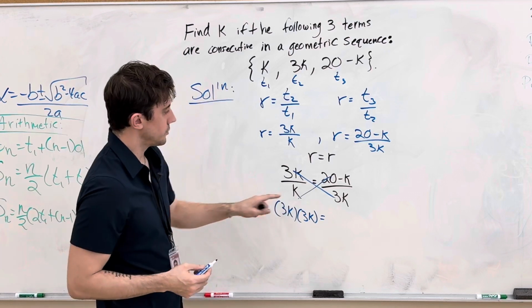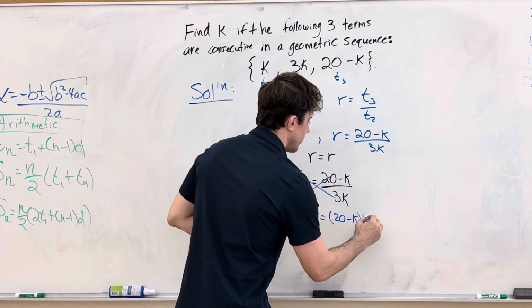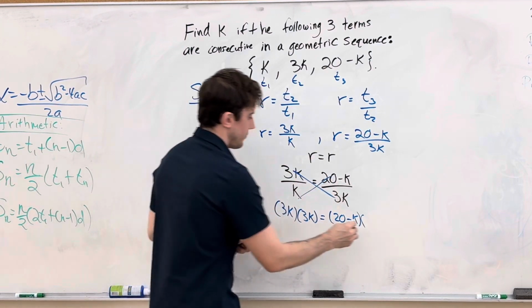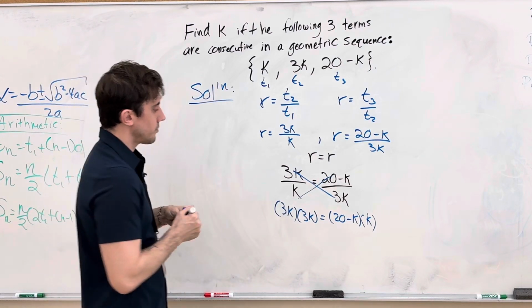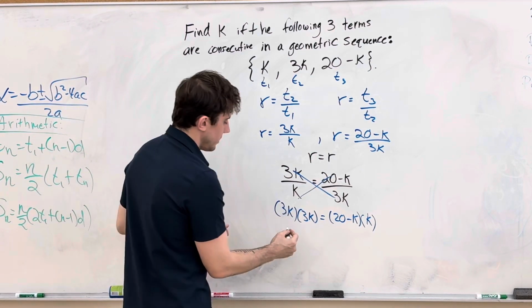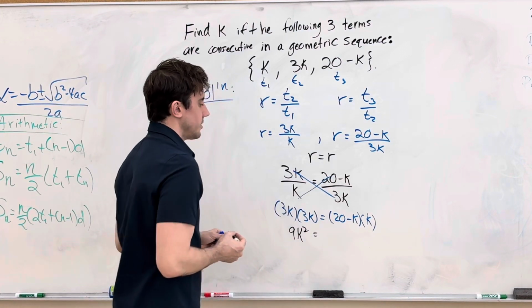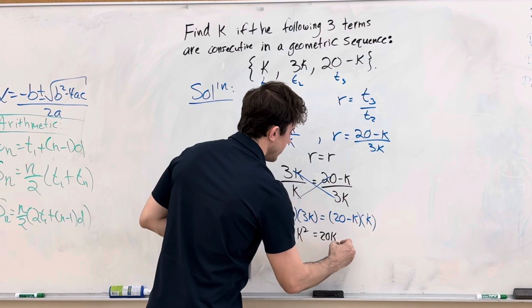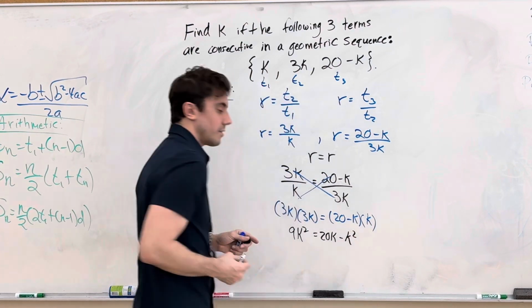And that will be equal to 20 minus k, in brackets, of course, times the expression across from it, cross multiply, times k, okay? And if we go ahead and do that, 3k times 3k on the left-hand side is 9k squared. And on the other side, we're gonna have 20 times k, 20k, minus k times k is k squared, right?